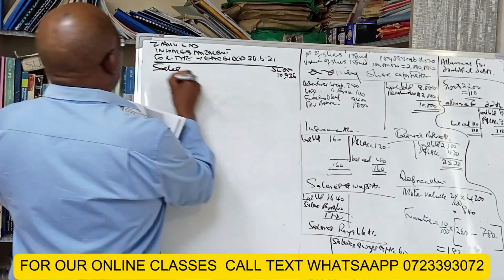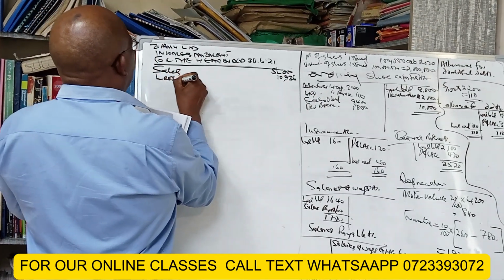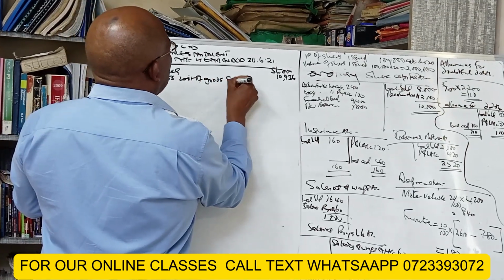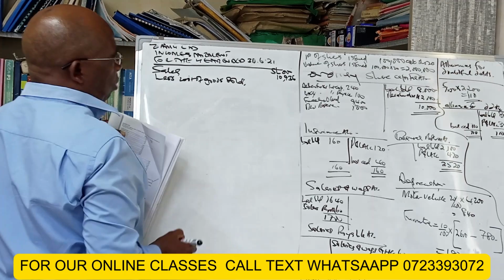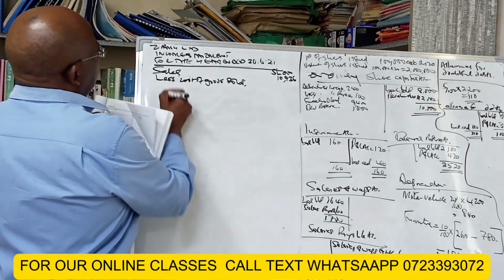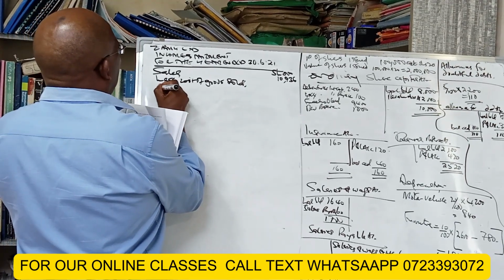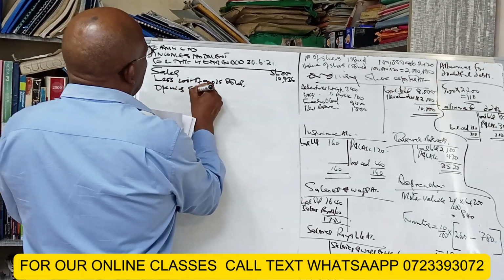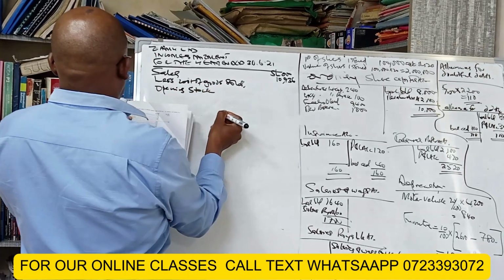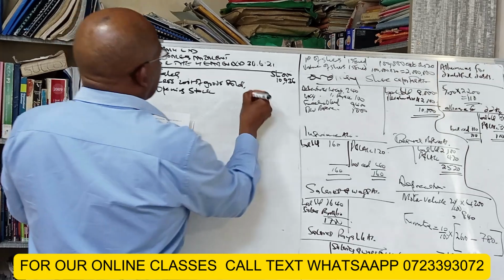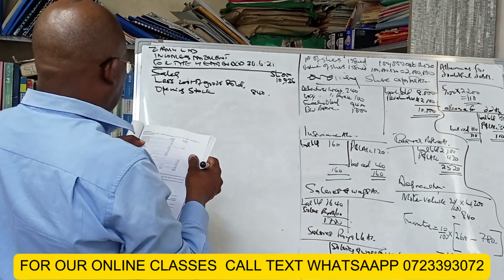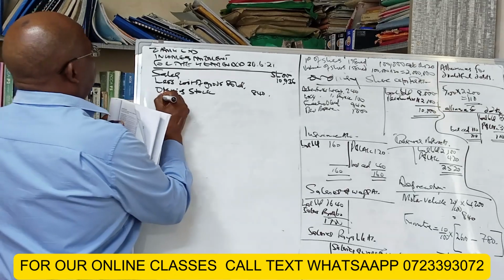Then we say less cost of goods sold. We know we don't have return inwards. We get the opening stock from the trial balance, which is 840. We add purchases.